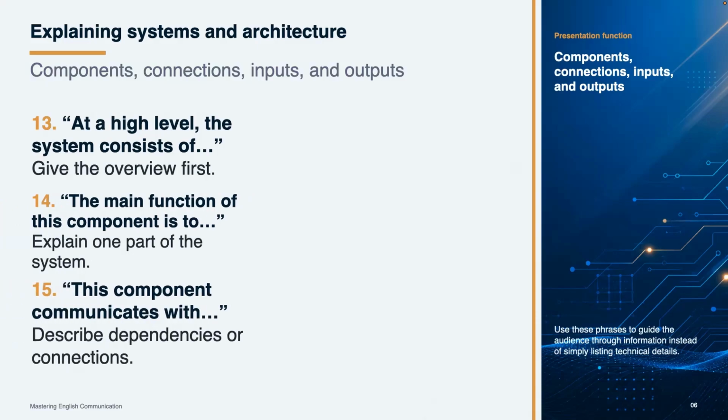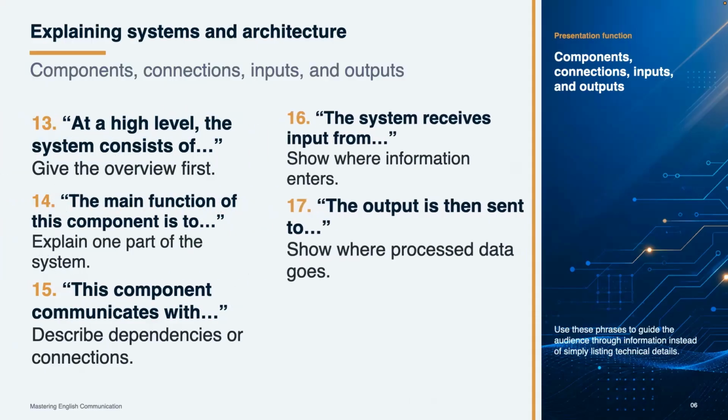This component communicates with. You describe dependencies or connections. The system receives input from. This shows where information enters. The output is then sent to. This shows where processed data goes.